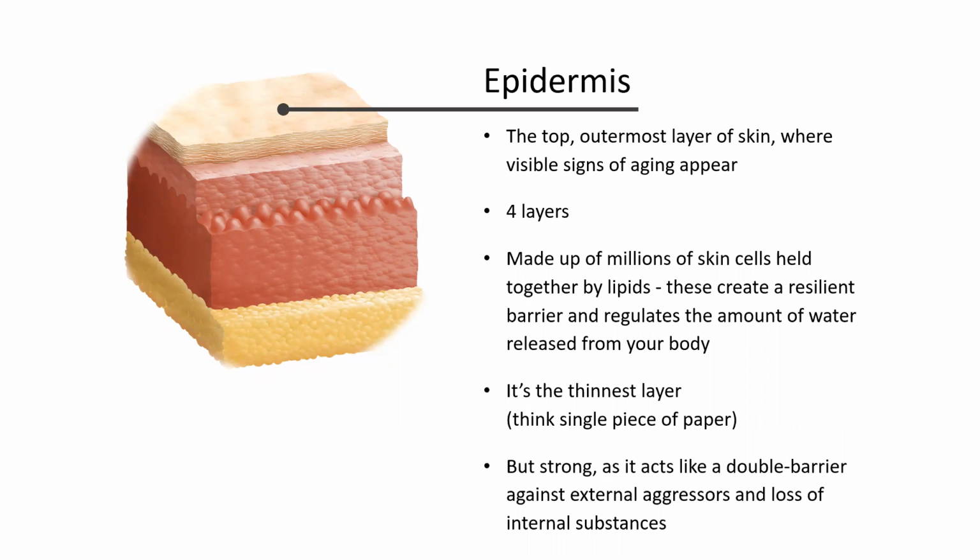Now, we're not going to go into all of those 4 layers, but I always think it's important to let you know there's multiple layers in your skin. The epidermis is made up of millions of skin cells that are held together by lipids. That's a fancy word for fat. And these create a resilient barrier, and it also regulates the amount of water that is released from your body, otherwise known as sweat.